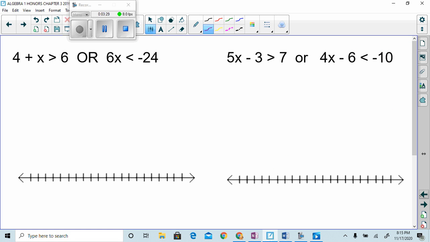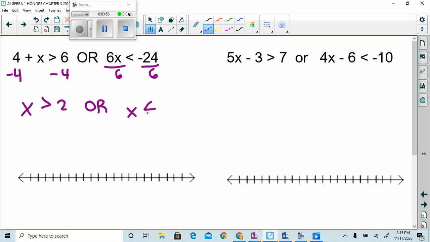The or inequalities list 2 separate inequalities that are graphed on the same number line that extended. Whereas the ands, they overlap. Here they will go in opposite directions. One inverse operation on this first one: x is greater than 2, or make sure you include that word or in your solution. On this second one, we're dividing by 6.